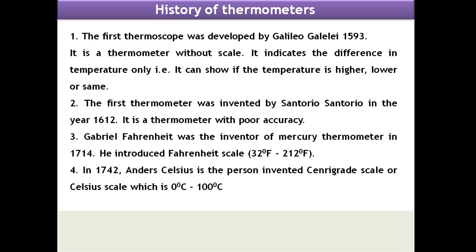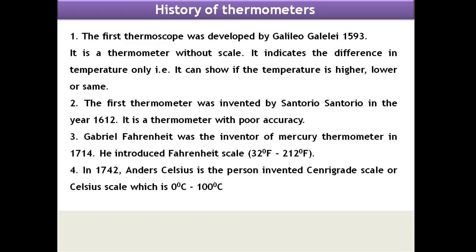The first thermometer was invented by Santorio in the year 1612, and he used air in his thermometer. As a thermometric substance, he used air instead of alcohol or mercury, but its accuracy was poor. Gabriel Fahrenheit was the first person to make a thermometer using mercury, in the year 1714.